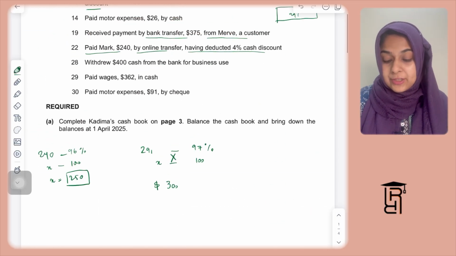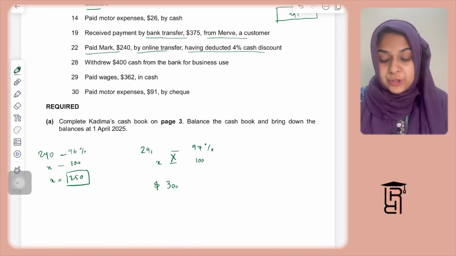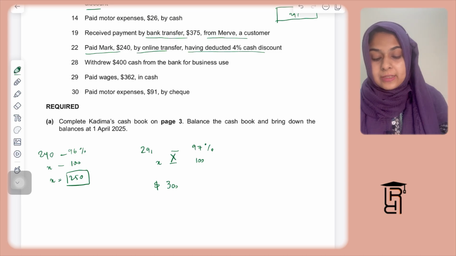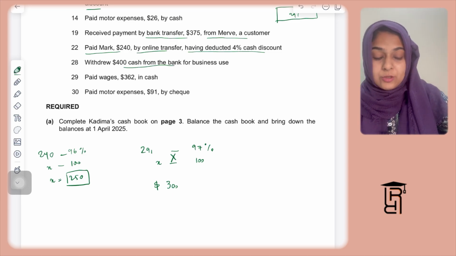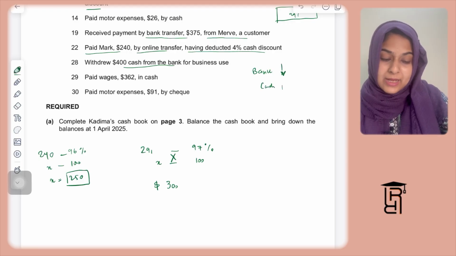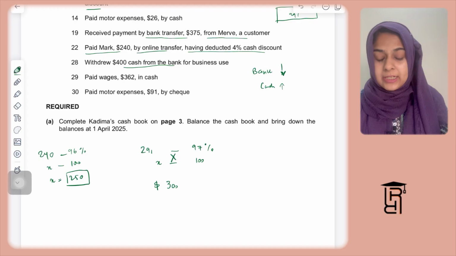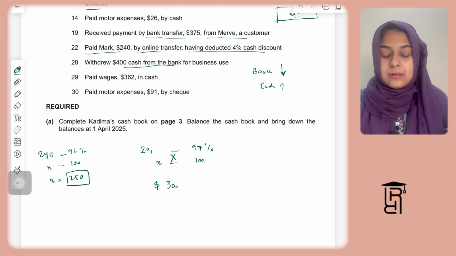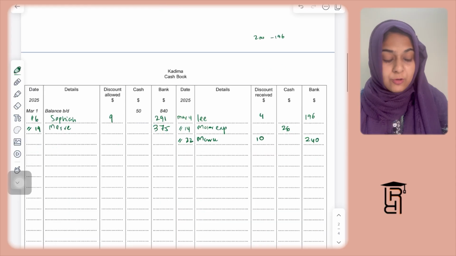The next transaction: withdrew $400 cash from bank for business use. If you look at the transaction, the bank balance is being reduced and the cash balance is being increased, right? You're taking money out of the bank and putting it in cash for business use.